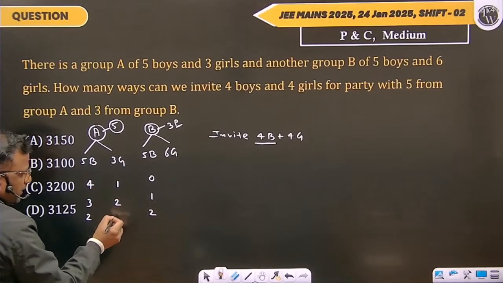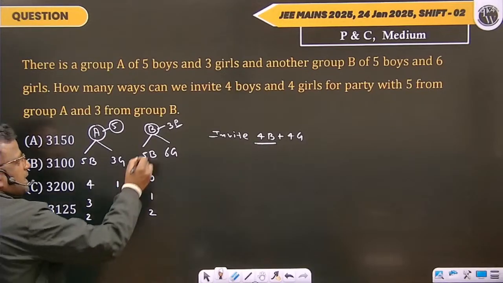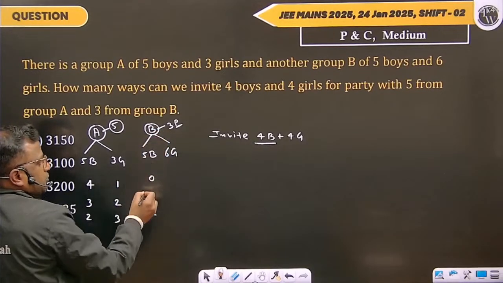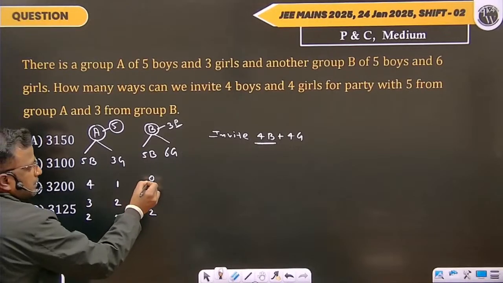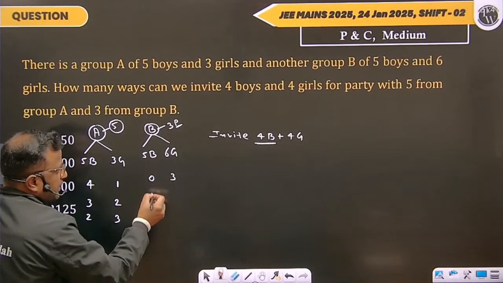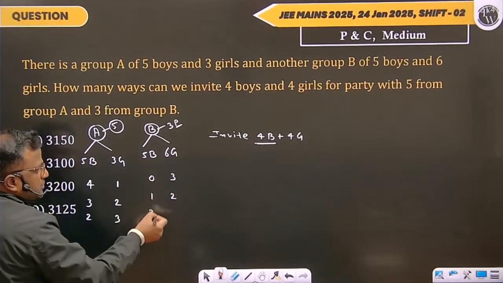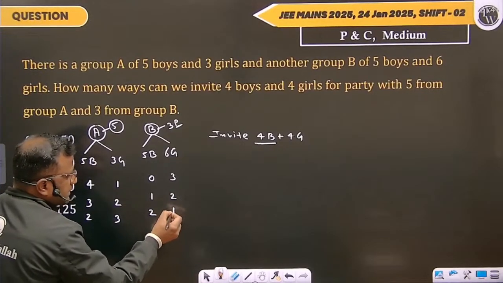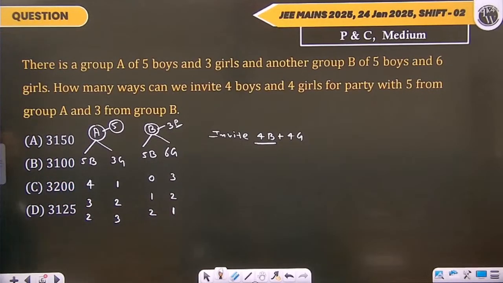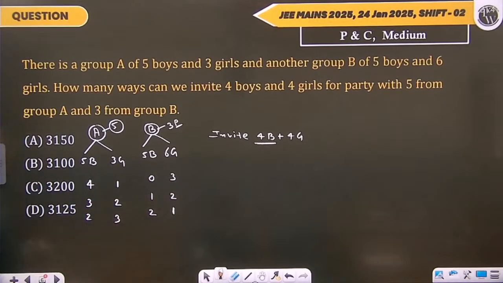So there are only 2 selections. There are 3 persons to be selected from group B. So with 0 boys, 3 girls are to be selected. With 1 boy, 2 girls are selected. Or with 2 boys, 1 girl is selected from this group. So you can see here a total of 4 girls are selected.